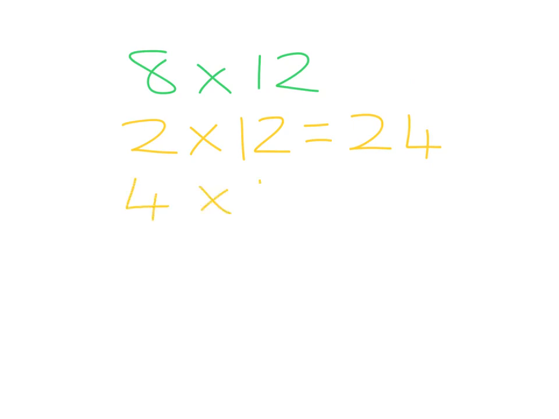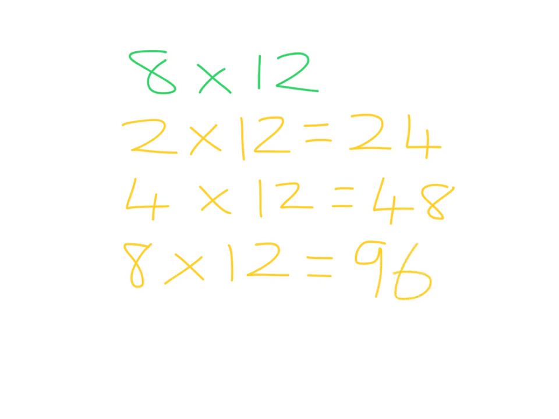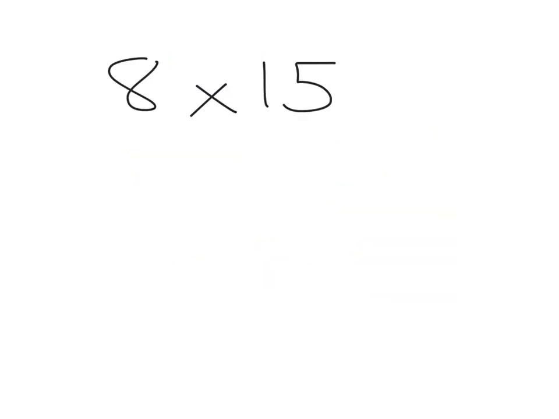So if 2 times 12 equals 24, 4 times 12 must equal 48. And then if I double this 4 times 12 again, that will tell me what 8 times 12 is, because doubling 4 gives me 8. So 8 times 12 just equals 96.